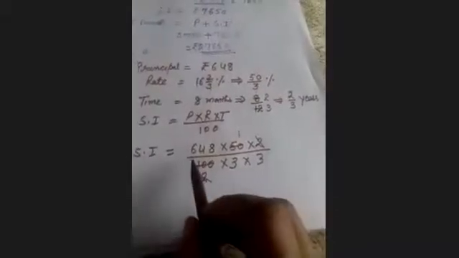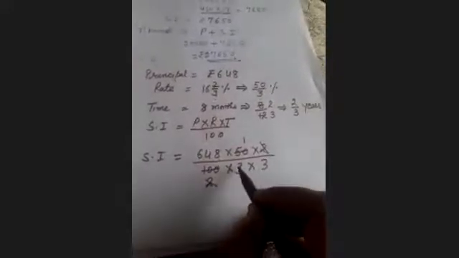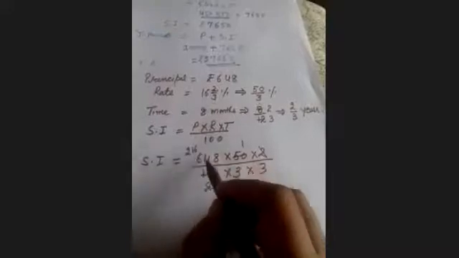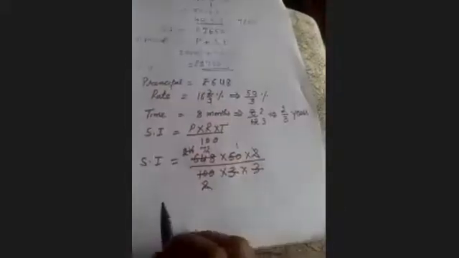Now 2 and 2 cancel. Now students, 648 divided by 3. 3 2s are 6, 3 1s are 3 and 3. 216. Now 216 divided by 3. 72.